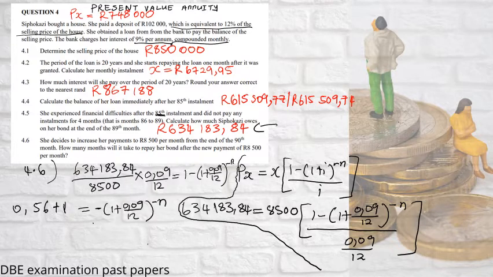Take a look at this one. We divided the loan by 8,500, we multiply with the interest, then it gives me 0.56.